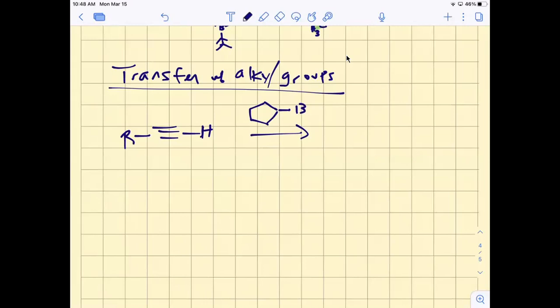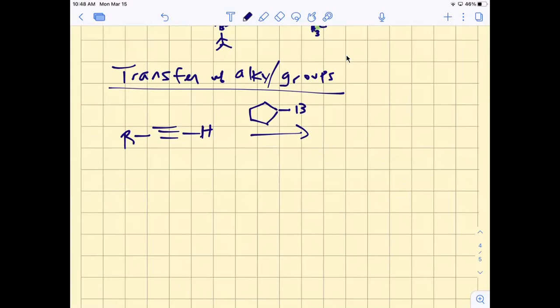So if I take that, I'm not going to go through the whole mechanism. I want to get to the intermediate, which looks like this. And I'm gonna put a couple of arrows here, right? Because I'm not showing the I2 addition or the borane addition because we already know what that looks like, right?